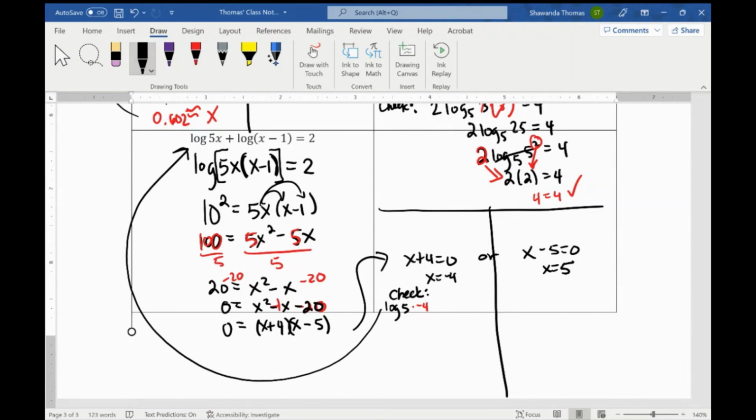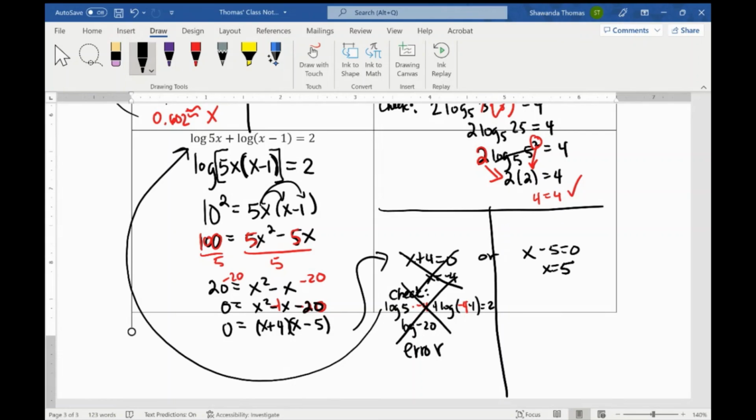Really, we don't even have to go on. I don't even have to go on for this one because look at it. We have logs of negative numbers. That's an issue because if you try to put log of negative 20 in your calculator, for example, it's going to have an error. So you can try putting log of a negative number to see what happens on your calculator. So we know already that x equals negative 4 is not the answer.